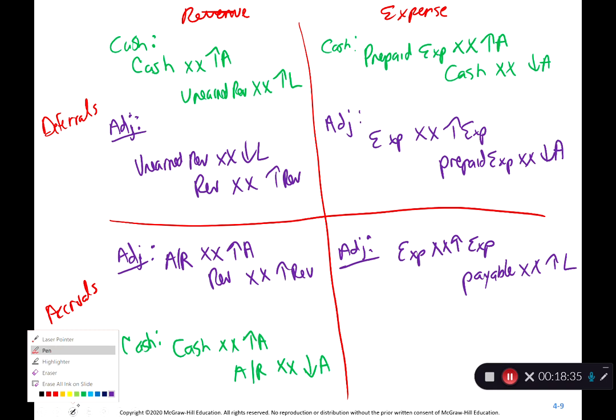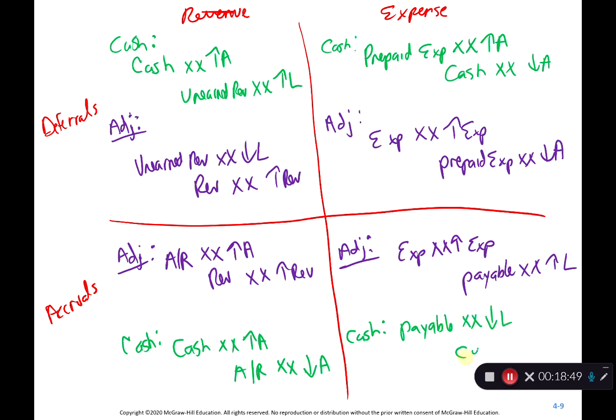Then what happens? Well, then you pay for it. So the cash entry is going to be debit the payable, because if you pay for it, you don't owe it anymore, so your liability goes away. And finally, credit cash, because how do you pay for things? With money, and credits to cash make assets go down. So with all of these, debits have to equal credits, A equals L plus E, so keep that in mind.